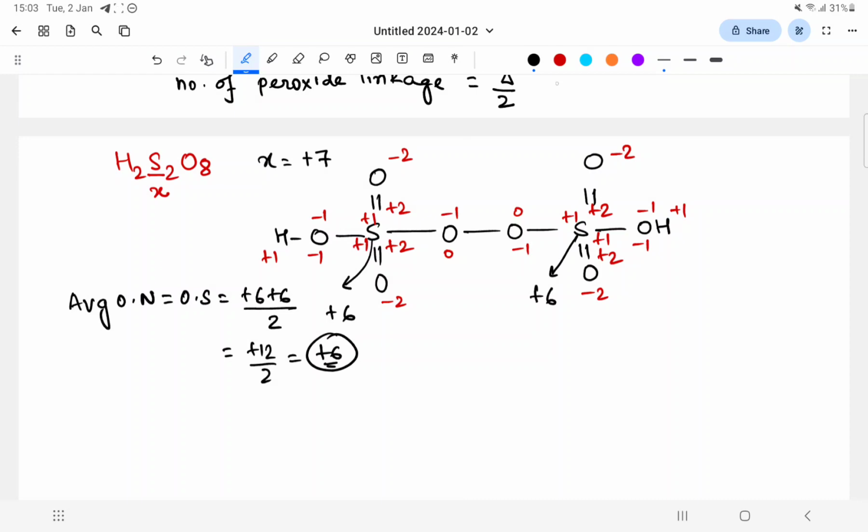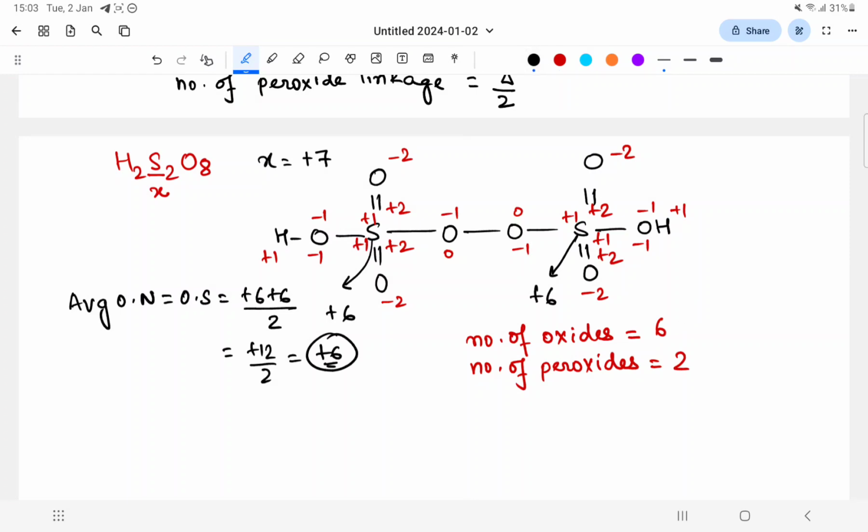Now how many oxides and how many peroxides? By the structure, if you can check and tell me. Out of 8 oxygen atoms, everyone would easily tell me that the number of oxides is 6, and the number of peroxides is how many, guys? Number of peroxides is 2.